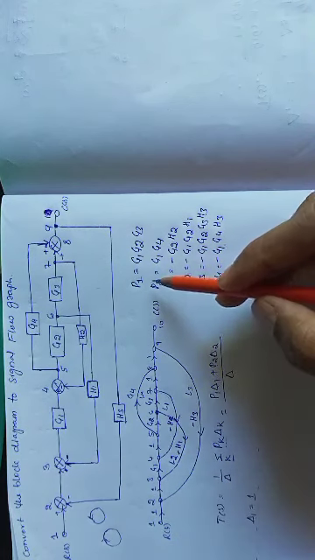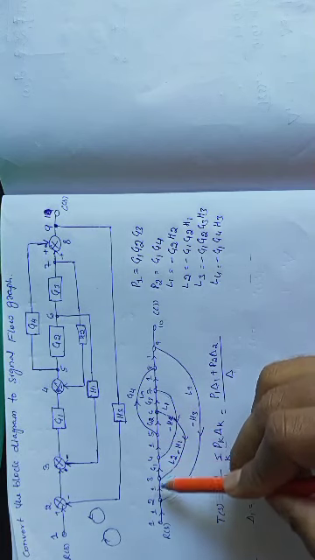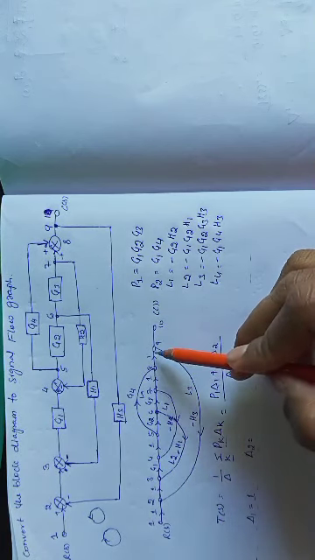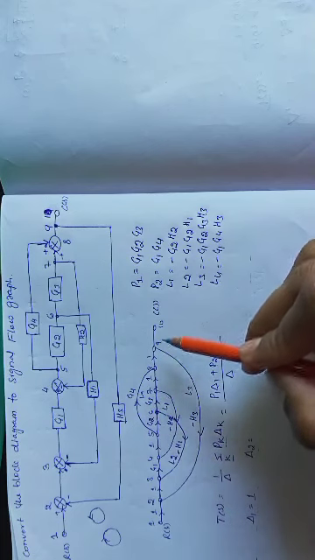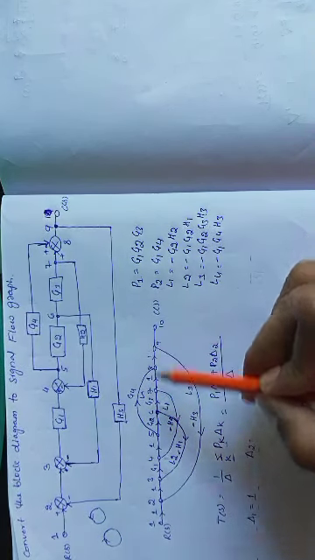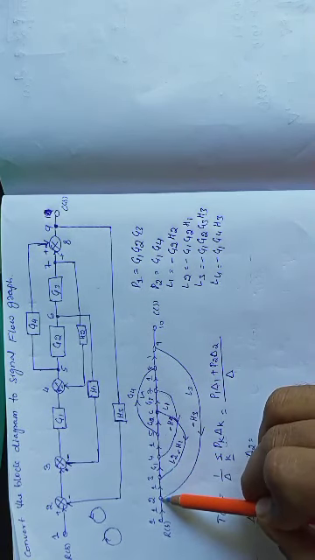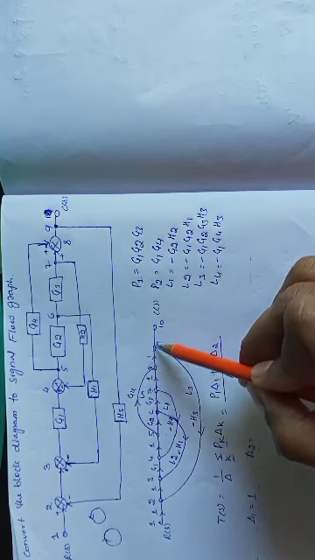Now we have to check for delta 2. Delta 2 equals the number of loops which are not touching this forward path. Here loop 1 is touching, loop 2 is also touching, loop 3 is touching, loop 4 also touching.